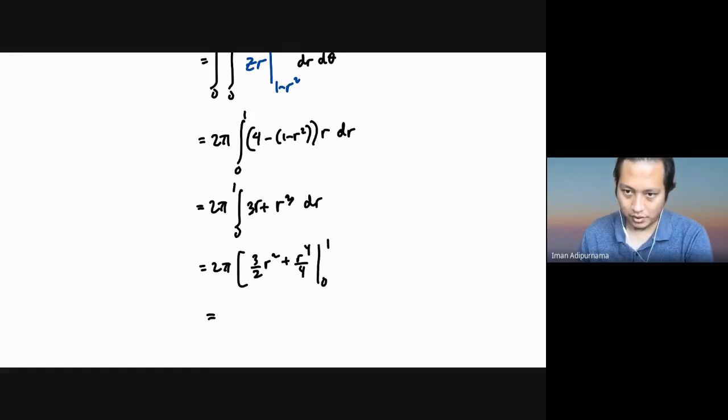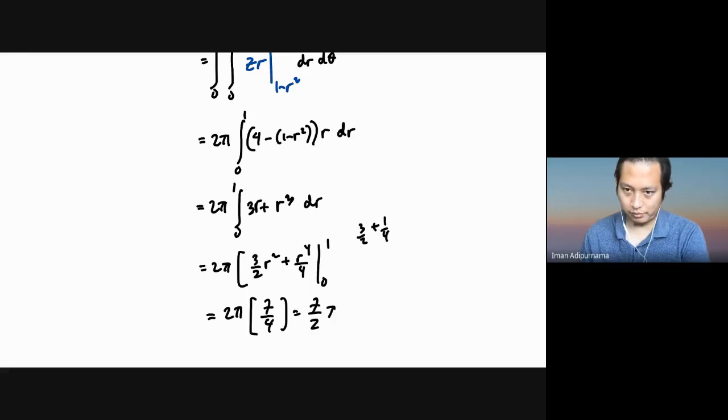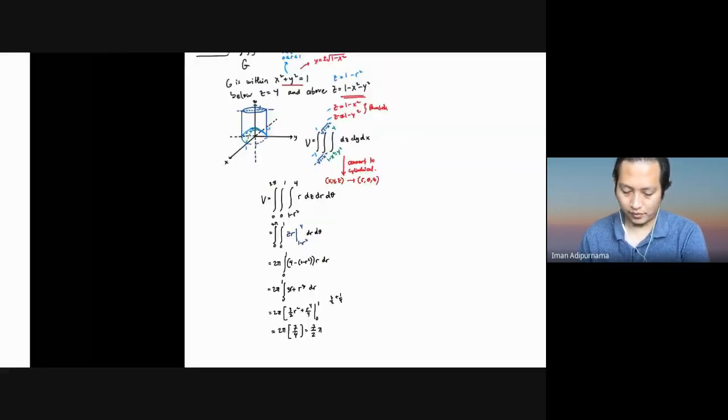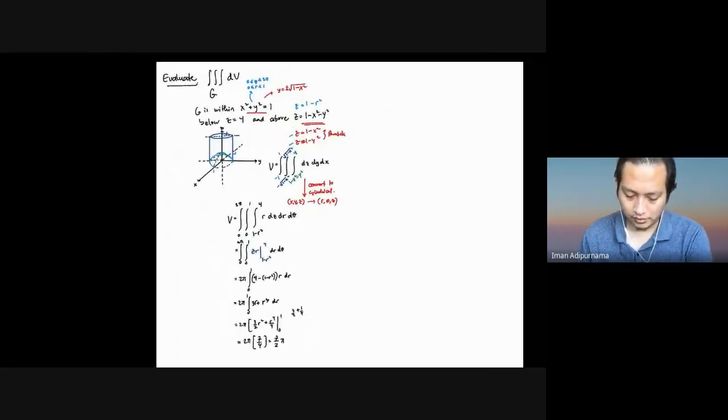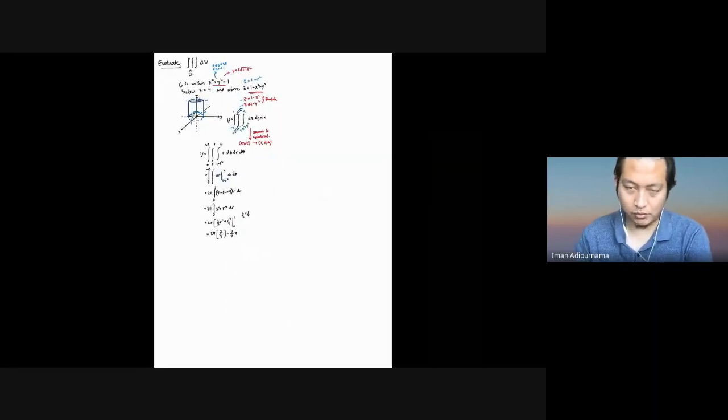So 2 pi multiplied by 3 over 2 plus 1 over 4, which is 7 over 4, so it's 7 over 2 pi. Okay, that's one example.